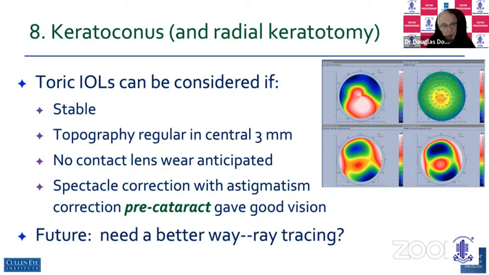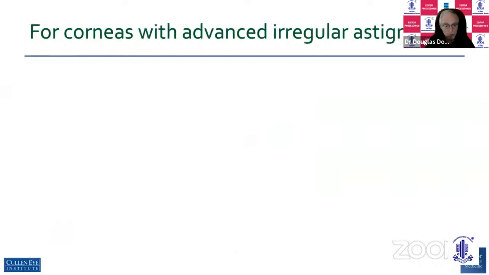But I think that's what's interesting. It'll be interesting, I think, as this technology for keratoconus improves. I think ray tracing has a huge potential here because it really will take into account all of the odd aberrations of the anterior corneal curvature in these irregular corneas.